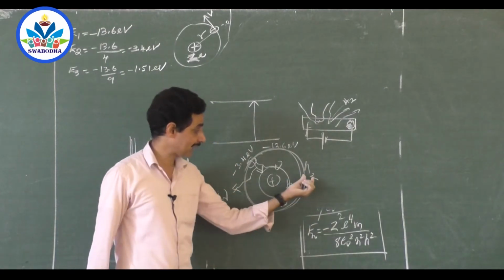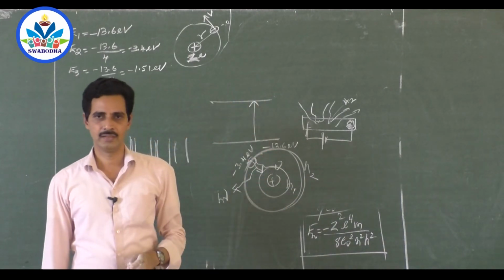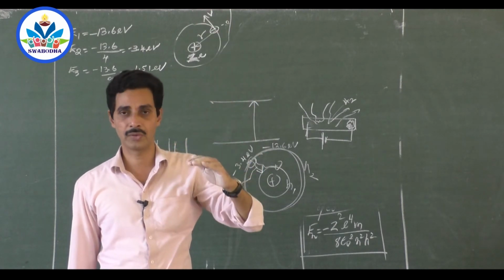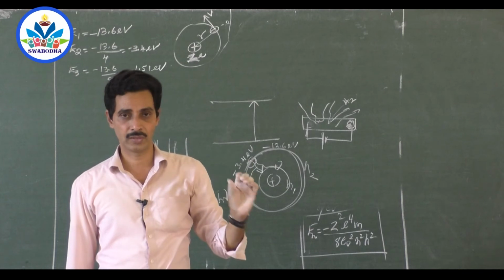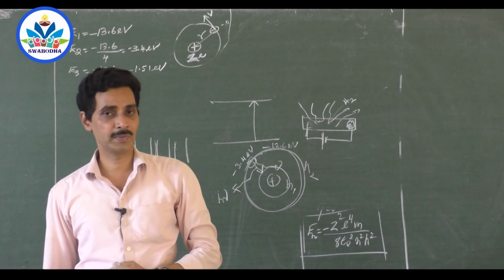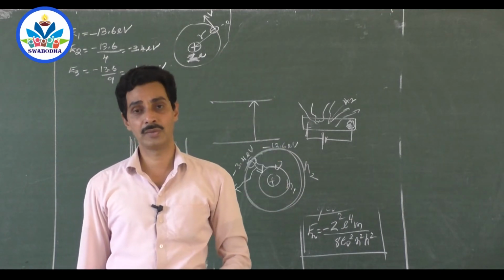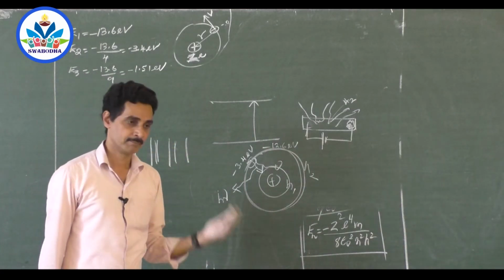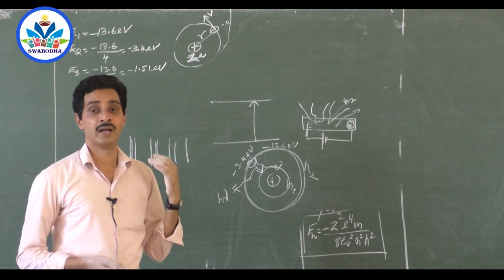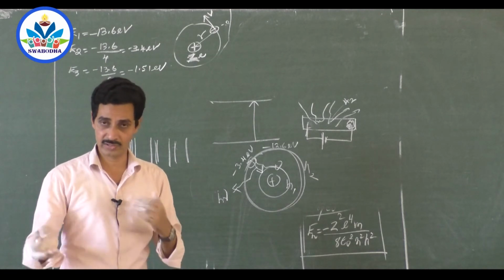I am not saying this is second energy level or first energy level. Simply n2 means higher energy level, n1 means lower. Suppose an electron jumps from 7th orbit to 5th orbit, 6th orbit to 5th orbit, or second orbit to first orbit. So second becomes n2, first becomes n1. 7th to 5th orbit, 7 becomes n2, 5th orbit becomes n1. When it jumps, it gives that energy difference in the form of electromagnetic radiation, packets of energy, what you call h nu.